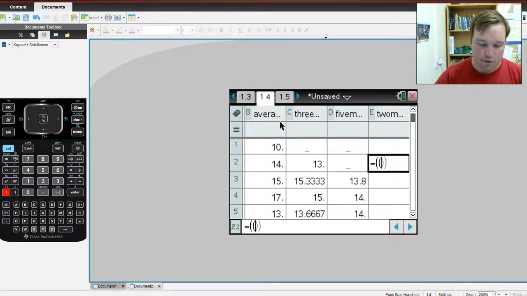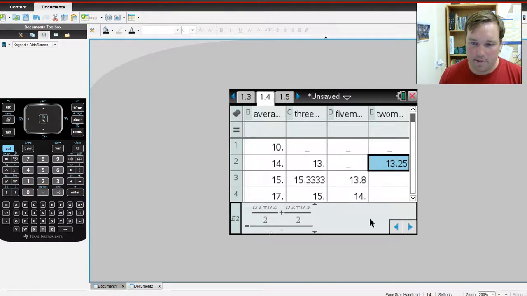Alright, average of the first two looks like this, B1 plus B2 over 2. And then we add that to B2 plus B3 over 2. Then we take that divided by 2.